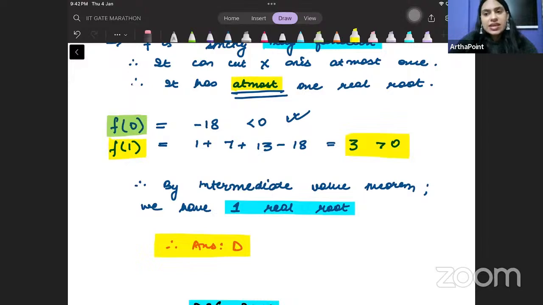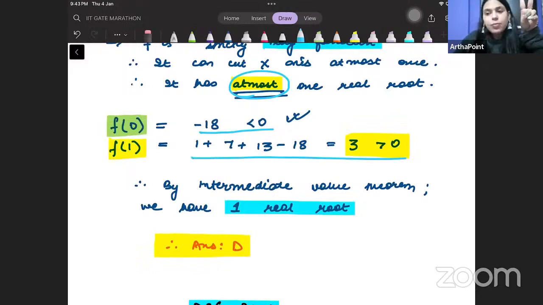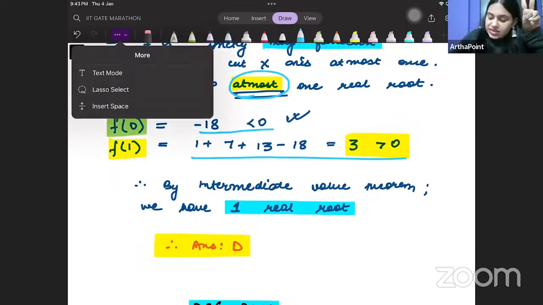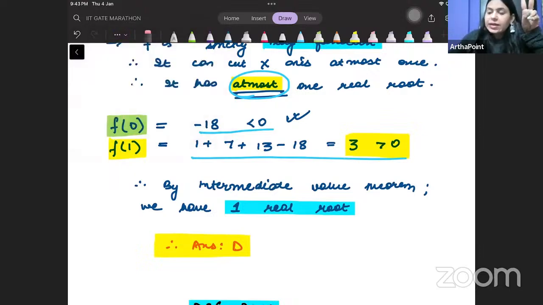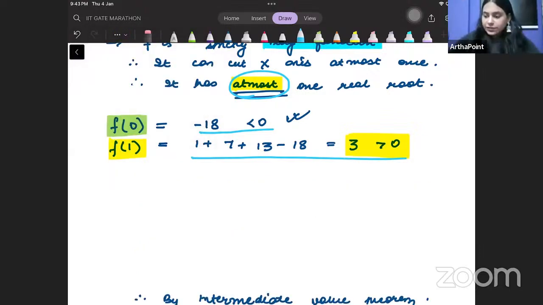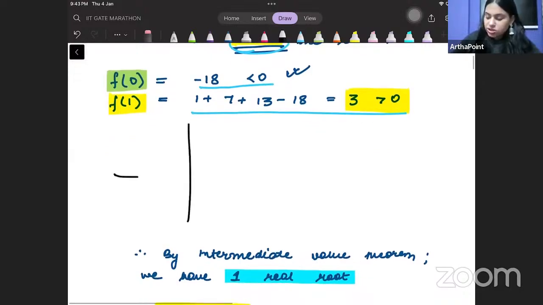So what we are seeing in this case is that the function, look, can cut the x-axis maximum one time, and we are saying that it is taking some negative value and it is taking some positive value. So we can see that the function goes from negative to positive. The function is taking a negative value, minus 18, and then it is taking plus 3 here.